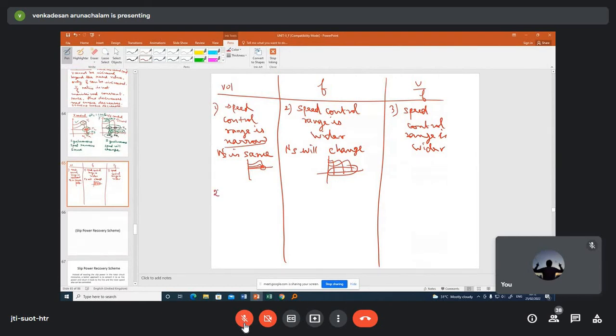And second case, speed control below the rated speed is possible. Here both are possible, below and above.